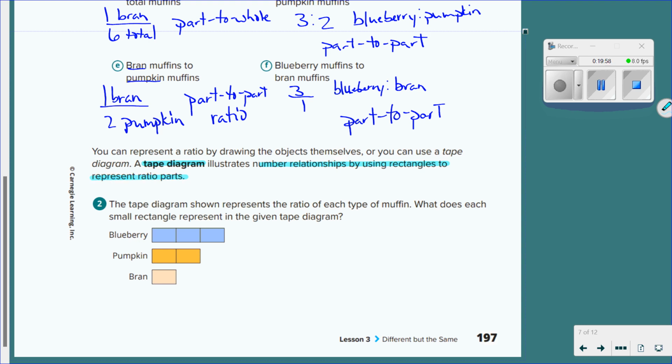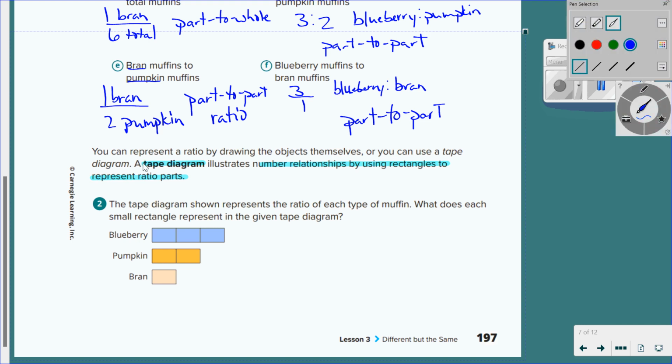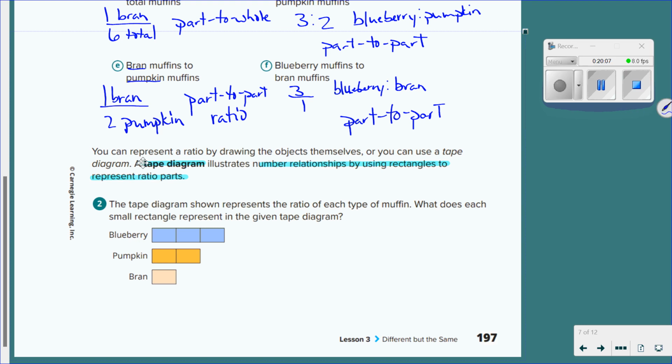So in a tape diagram, instead of having all of those different boxes, we just draw the one box for each one. So here's what it looks like. For example, the ratio we were just doing where we have 3 blueberry to 2 pumpkin to 1 bran, here's what the tape diagram would look like.